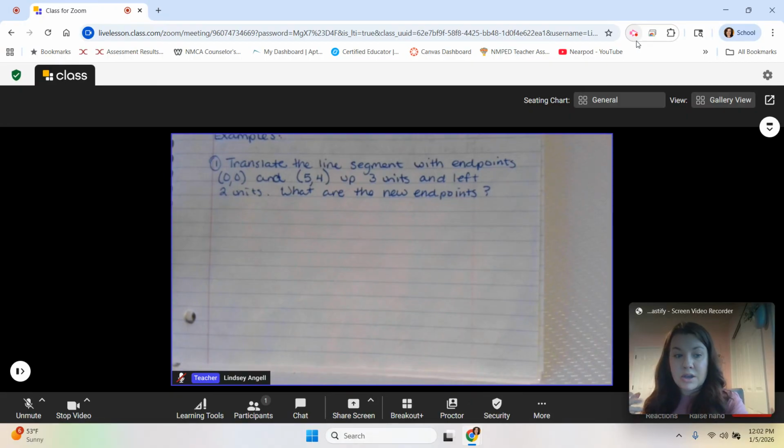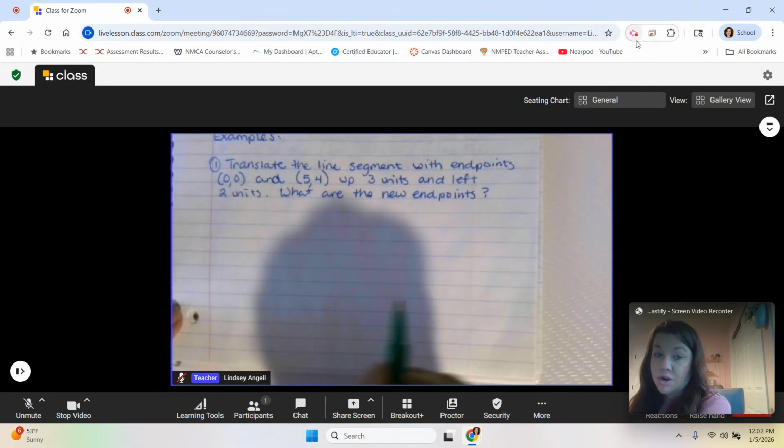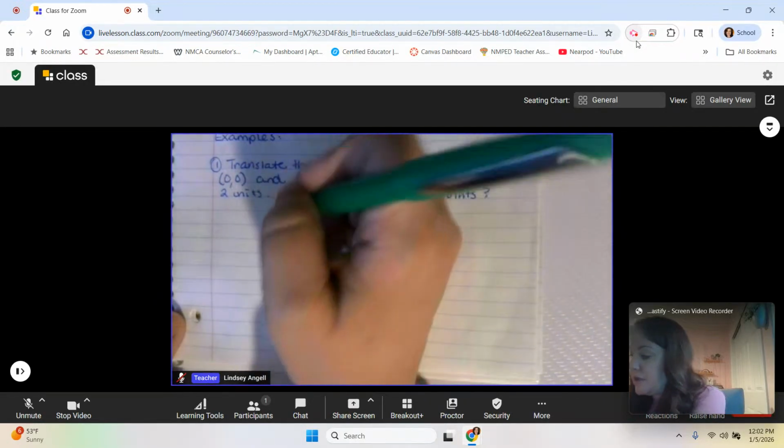Because then you're going to have it visually on the screen or in your notebook, and you can actually see what's going on. If you're good at visualizing it, maybe you can just do the operations without graphing, but I wouldn't recommend it. If you're like me and you're a visual learner, graphing definitely helps.